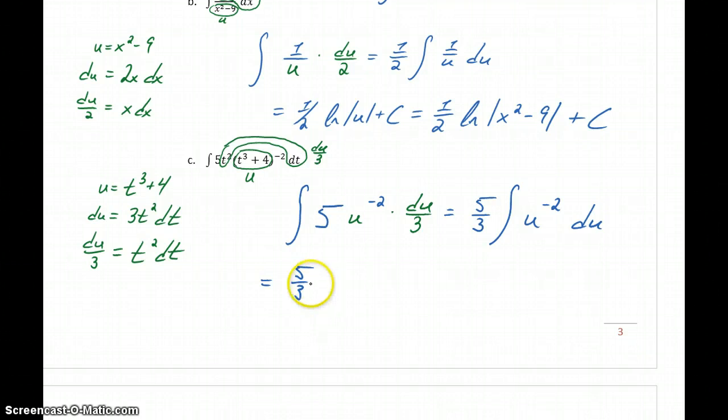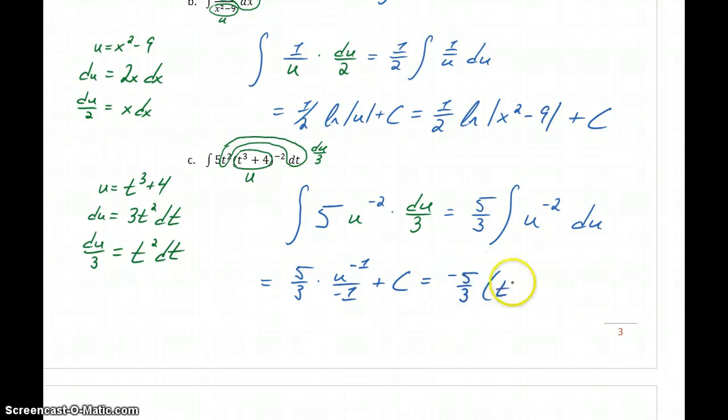So this will become 5/3 times u to the negative 3. I'm sorry, let's do that correctly. So if we have a negative exponent, we're still adding 1 to that. So that's going to become u to the negative 1 over negative 1 plus c, which is just going to be negative 5/3 times t cubed plus 4 to the negative 1 plus c.